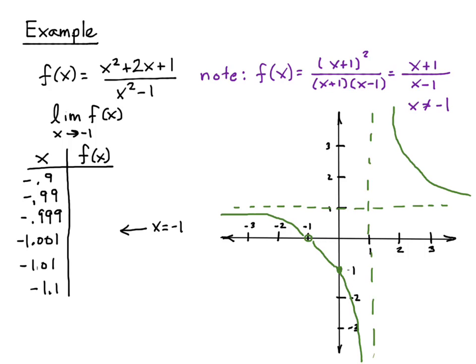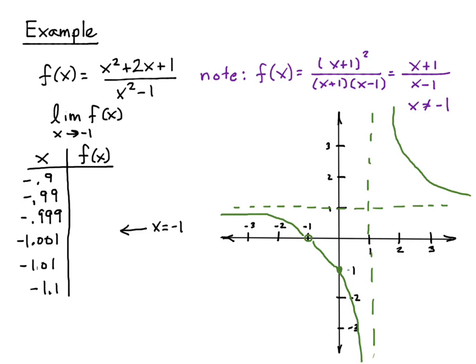So when I draw my curves, I have to make a hole here because I've already said x can't be negative 1, because in my original function, if I put negative 1 in there, I'll get 0 over 0.